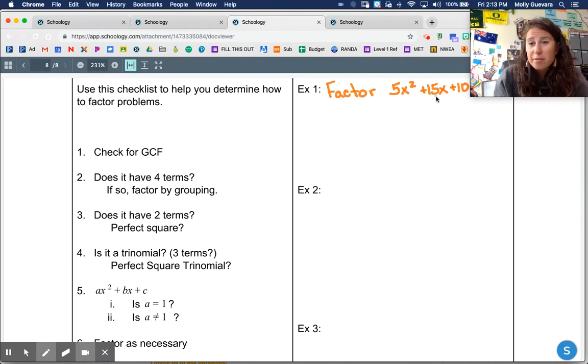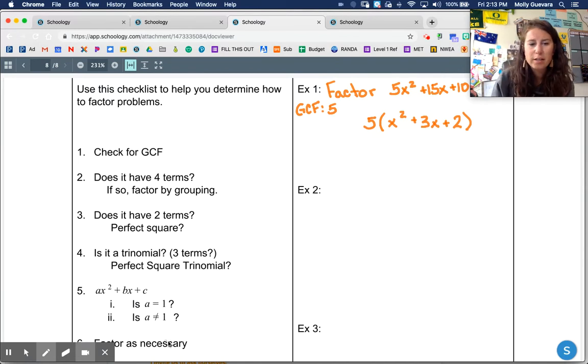So I have 5, 15, and 10, so yes, it does. So since it does have a greatest common factor, I'm going to come down here to step 6 and factor. So my greatest common factor is 5, and I cannot pull out an x because there's no x on this 10. Okay, so I have a 5 times, and that leaves me with x squared plus 3x plus 2.